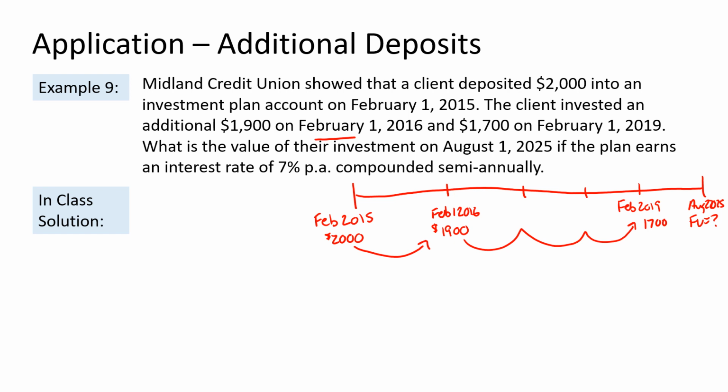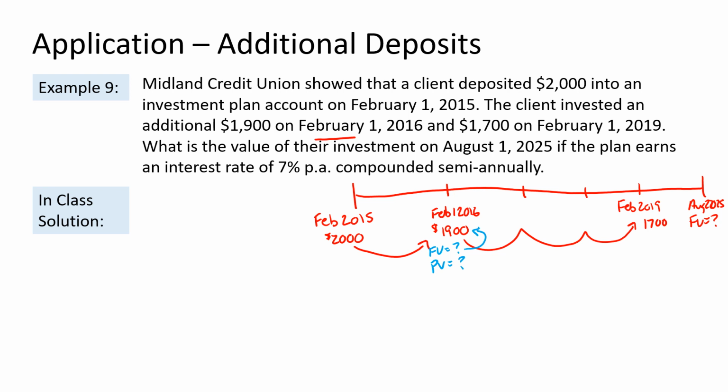So we start with $2,000. We're going to find the future value of $2,000 here. Then at that point in time, we're going to add $1,900 to that. That becomes our present value at that point in time in 2016.